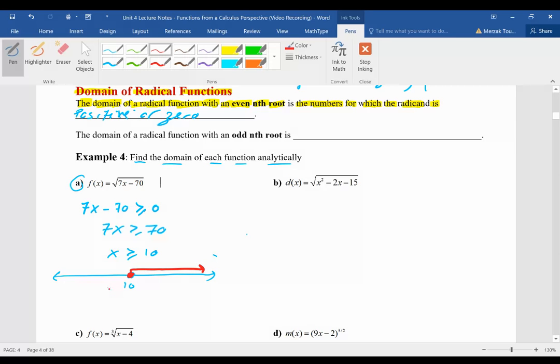Because we're including the 10, using interval notation we start with a bracket, and it extends to positive infinity, with a parenthesis. Those will be the domain of the function in example 4a.